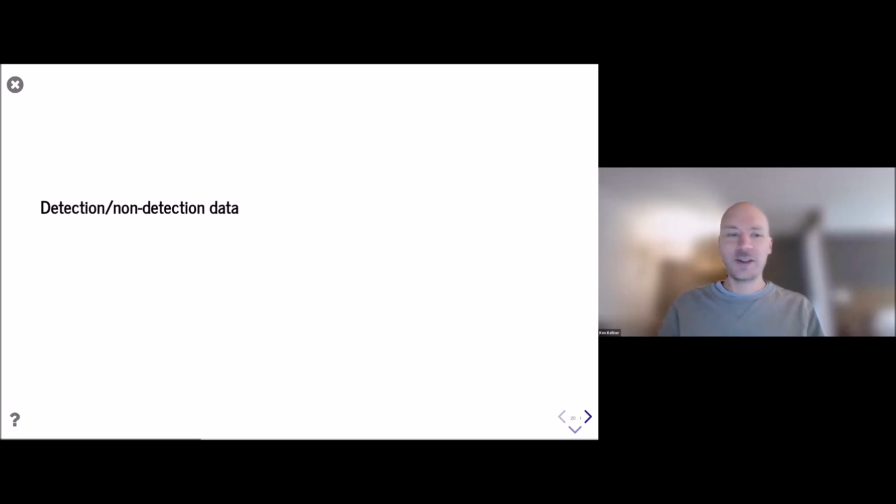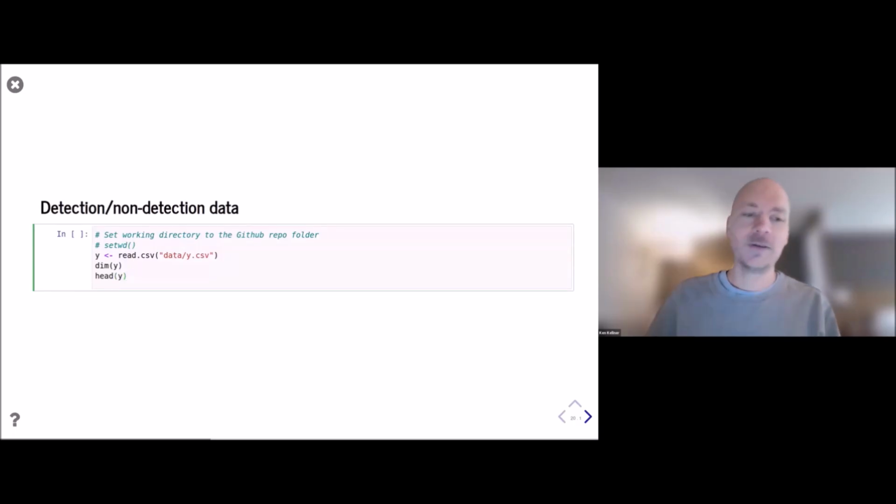So let's first read in the detection, non-detection data for crossbills. We usually call this data y in unmarked. That's pretty typical for all linear models, I guess. So I'm going to make an object called y, and read in the y.csv file with read.csv. That's in the data subfolder in the GitHub repository.